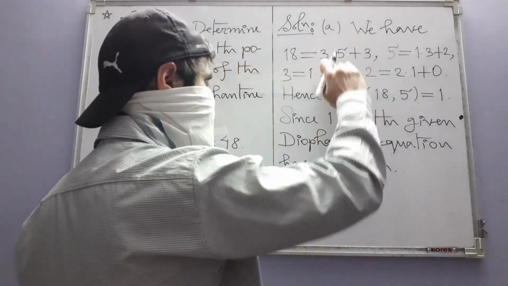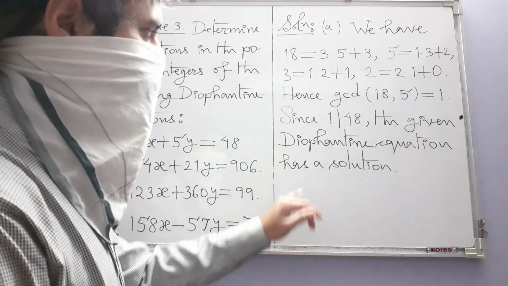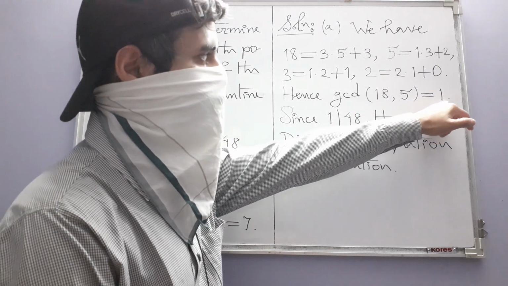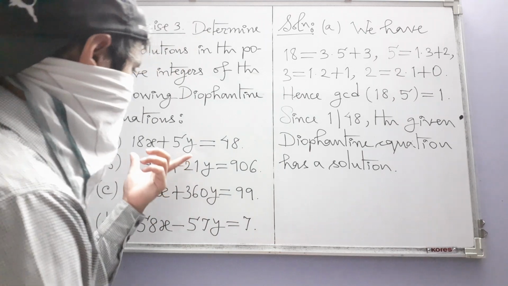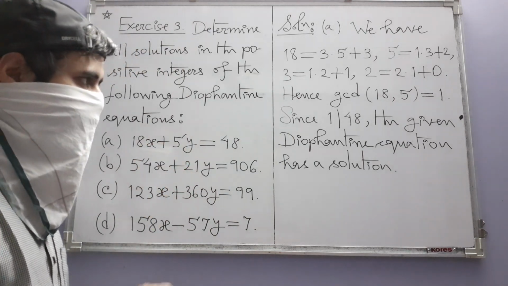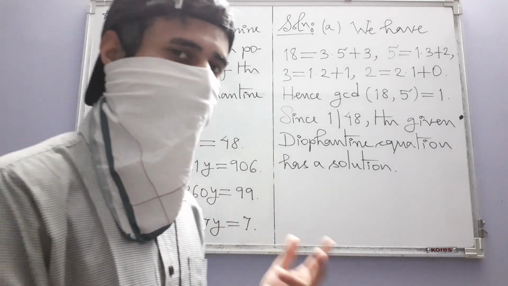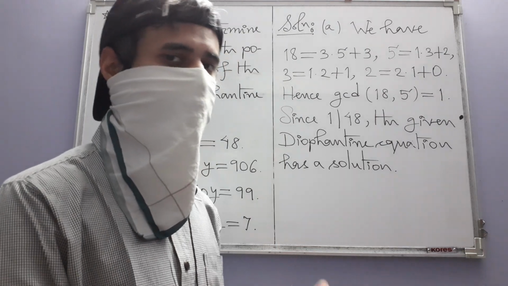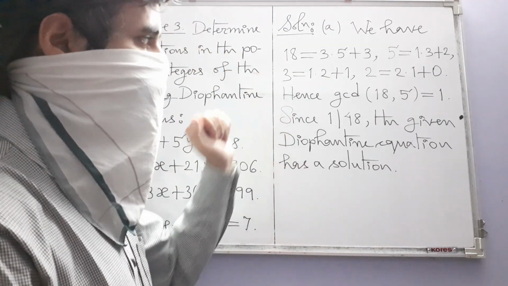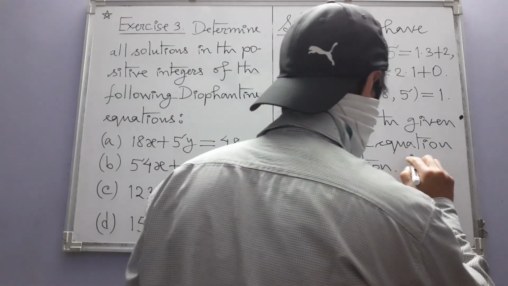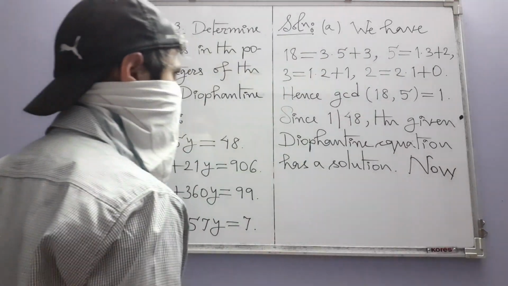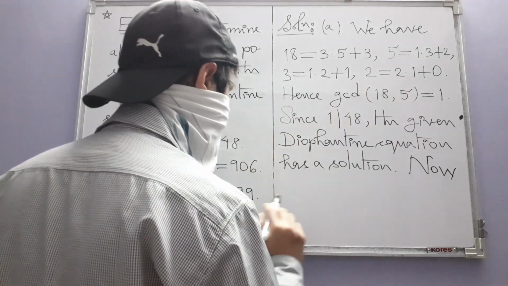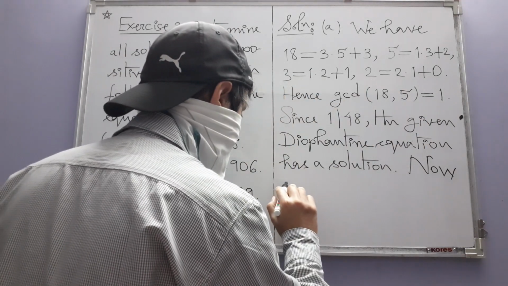But we still go through this process because we will need to express 1 as a linear combination of 18 and 5 in order to find one particular solution, from which we will find all the general solutions. So that's why we go through this process. Now we do the things in the other direction.